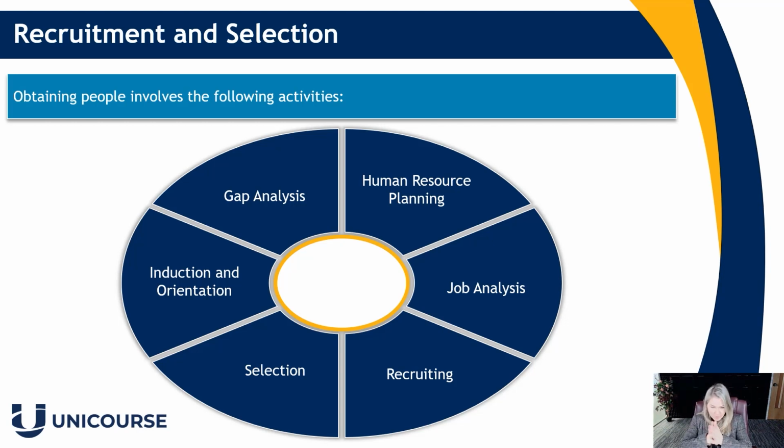So let me give you an example. If you were to have a 3-year plan and your new vision for the organisation was to enter into international markets, you might find that you've got a 1-year plan to do that, a 2-year plan to do that.